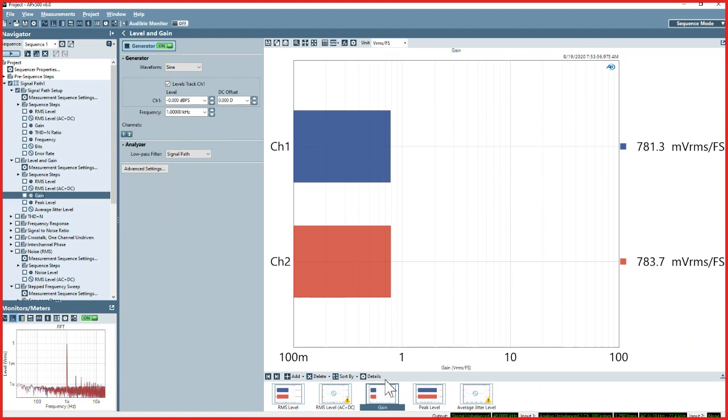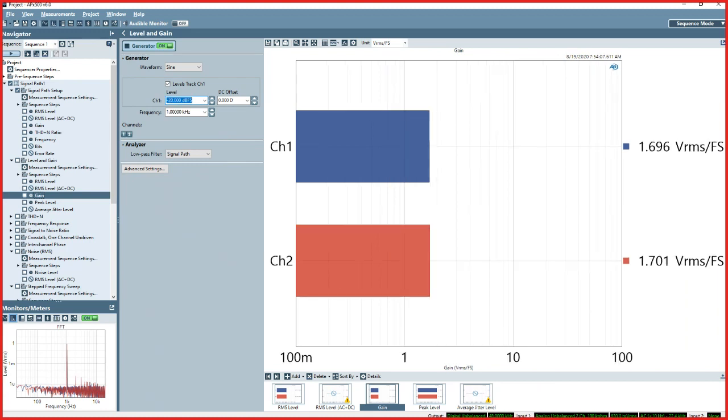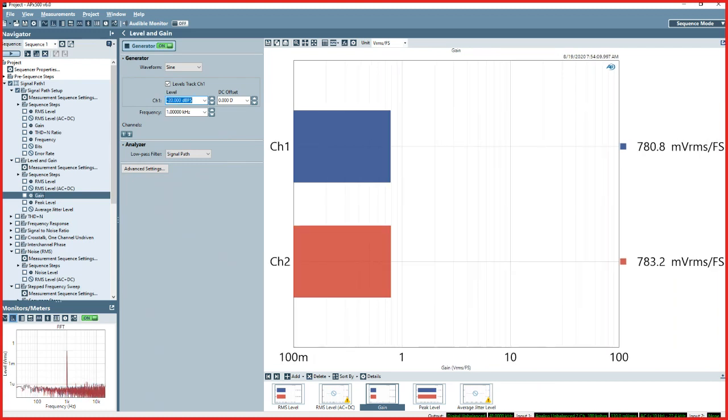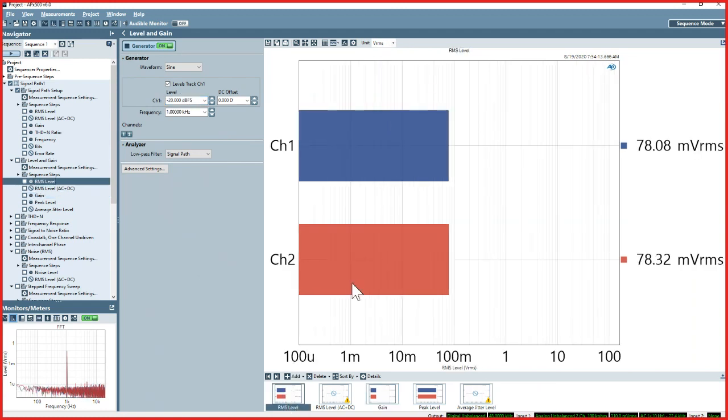And the gain is essentially the same function since we're already driving it at full scale. Now the difference between gain and level is if I go minus 20 dB, the gain function is the same, but having gone 20 dB lower, we're getting 20 dB less output signal.